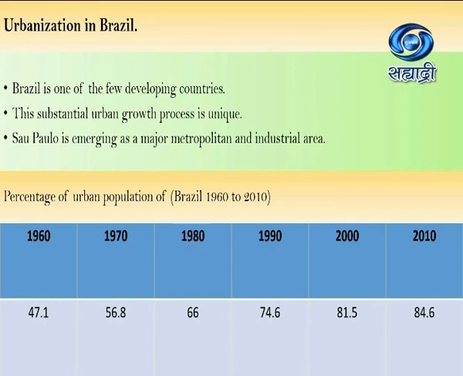Similarly, if you try to verify this graph and the isopleth map that is given on page number 50, you will come to know it shows the percentage of urban population in different cities. Like Brasilia, you see the population is more, isn't it?